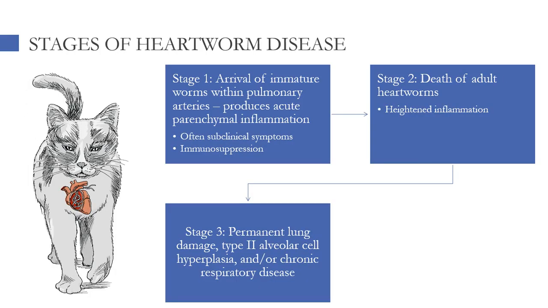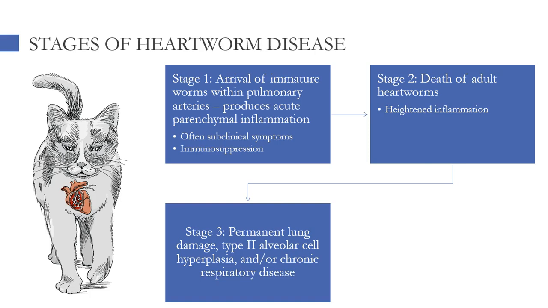Pathophysiologically, heartworm disease exists in 3 stages. Stage 1 is characterized by the arrival of immature worms within the pulmonary arteries, producing acute parenchymal inflammation. At this stage, symptoms are often subclinical. During heartworm maturation, immunosuppression occurs within the host. Stage 2 is characterized by the death of adult heartworms, heightening inflammation.